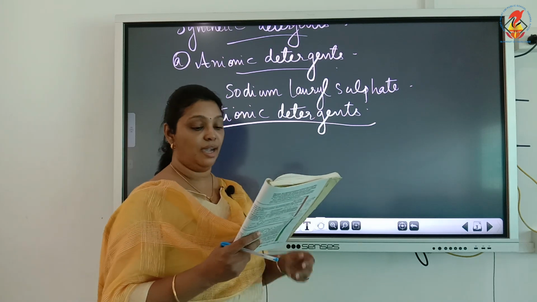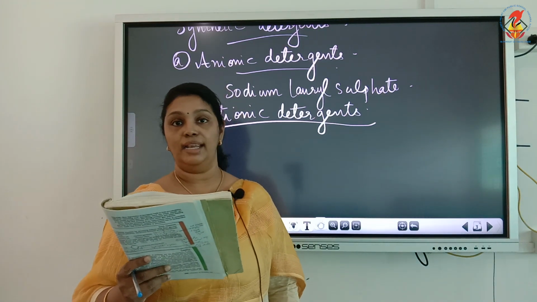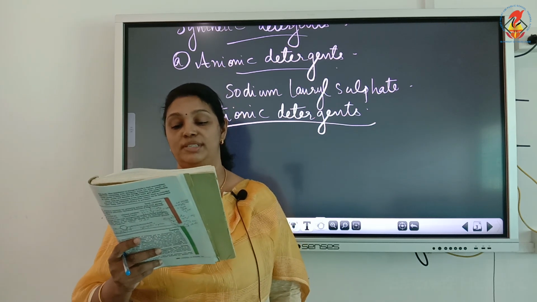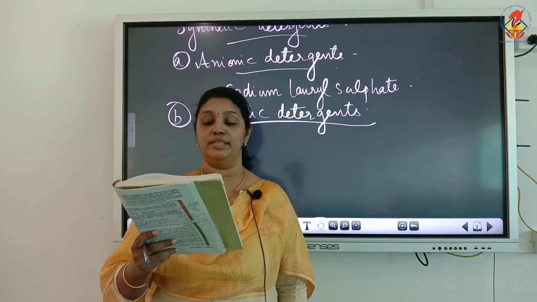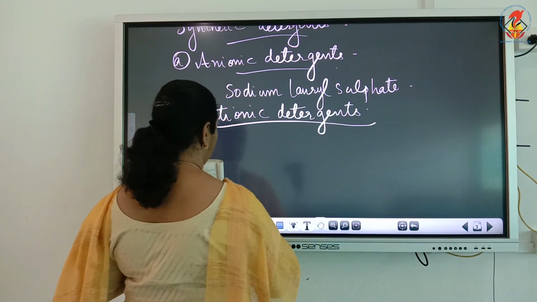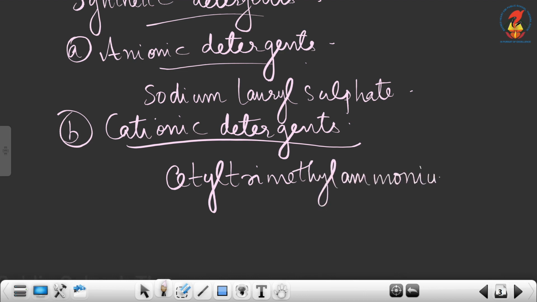Cationic detergents are quaternary ammonium salts of amines with acetate, chlorides or bromides as anions, and cation part possesses a long hydrocarbon chain and a positive charge on nitrogen atom. An example for cationic detergent is cetyl trimethyl ammonium bromide.